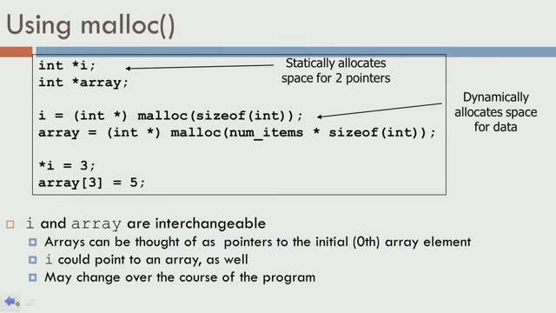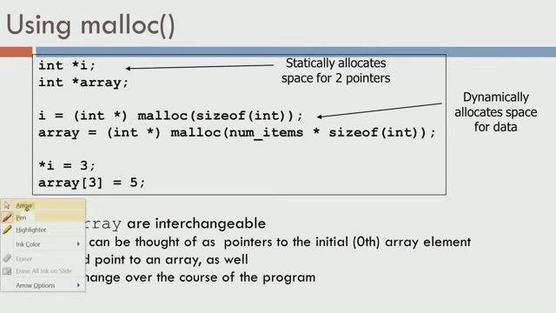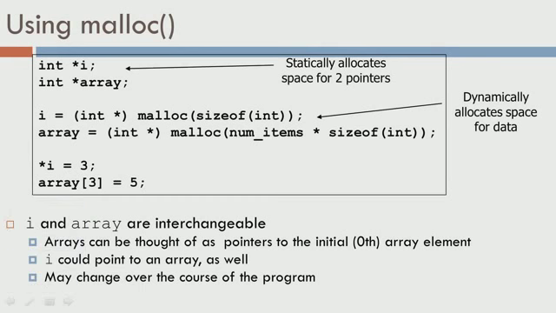So, we have two pointers, namely star I and star array. So, I is a pointer of integer type and array is also a pointer to integers. So, in this line here we have I equals int star malloc of size of int. So, we are claiming space only for one integer and I is going to point to it. So, I is a pointer to an integer, whereas here we had asked for number of items into size of int, we are asking for more than one integer depending on num items.